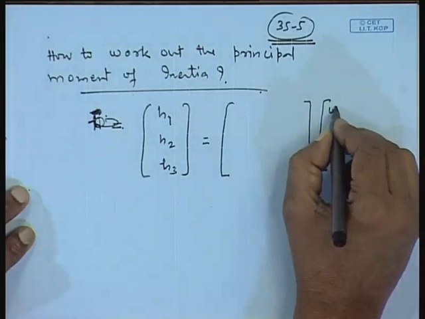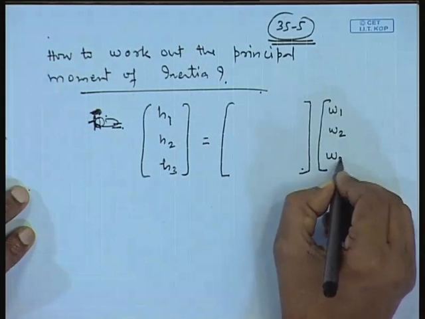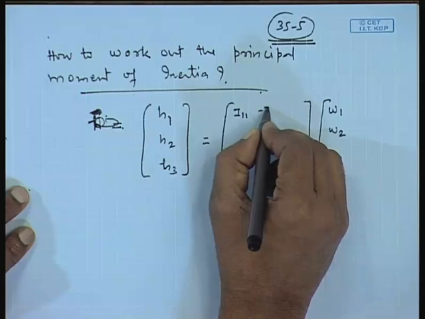This can be written as omega 1, omega 2, omega 3 and I 1 1.